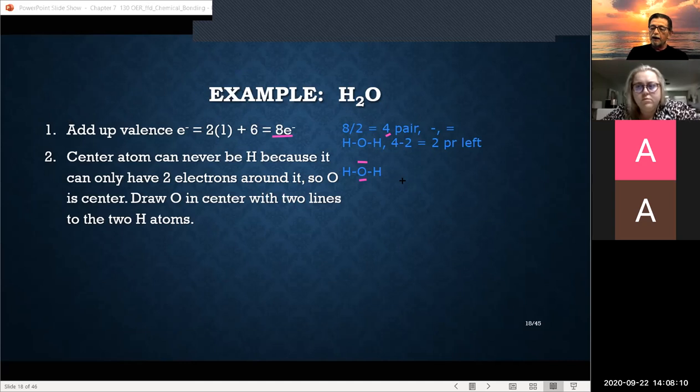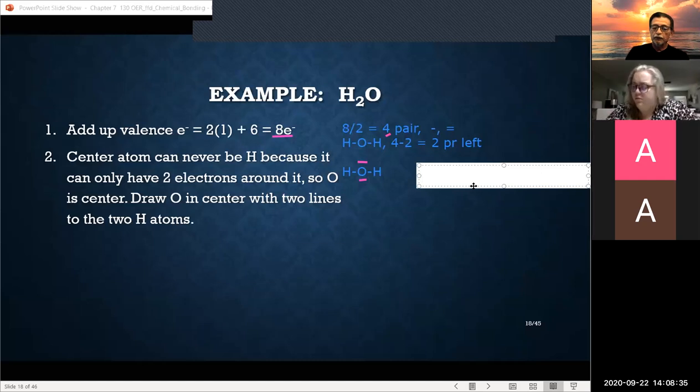Of those 4 pairs, 2 of them are bonded to the hydrogen, and the other 2 are not bonded to anything. Those are what we call lone pairs. They're just sitting on the central atom, okay? And so from a general formula, when I look at the structure I just wrote, A is always there.